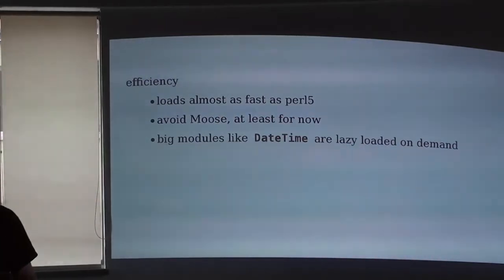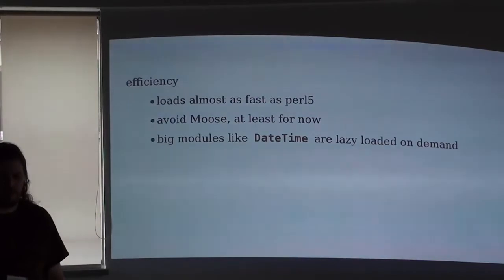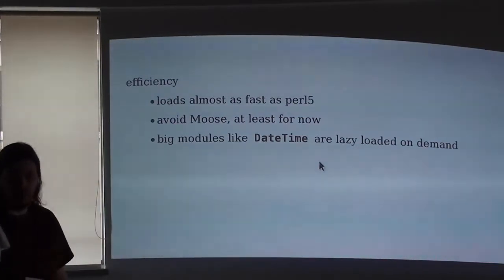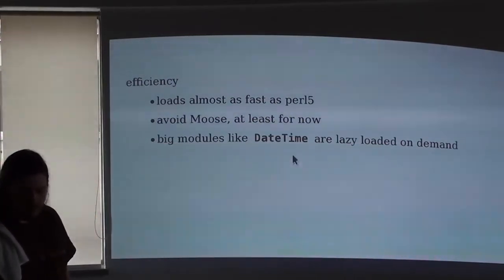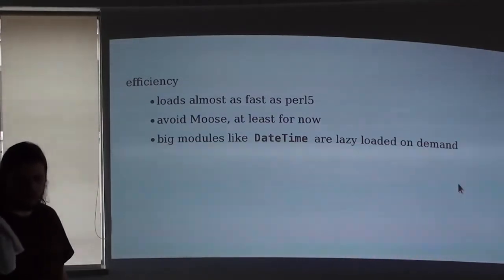So that's also why you do not get Moose by default, at least for now. If it's fast enough, then it could also be added. And also larger things like DateTime, which are useful but very big because of the many tables built into the module, are only loaded on demand, so you only pay for what you actually use.